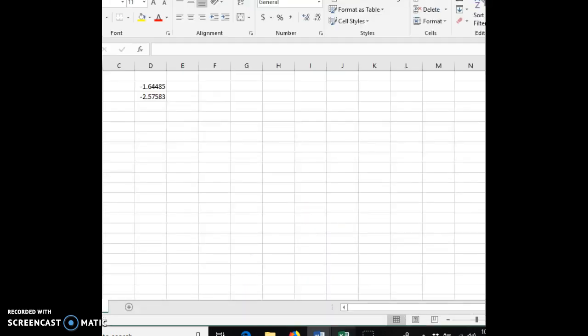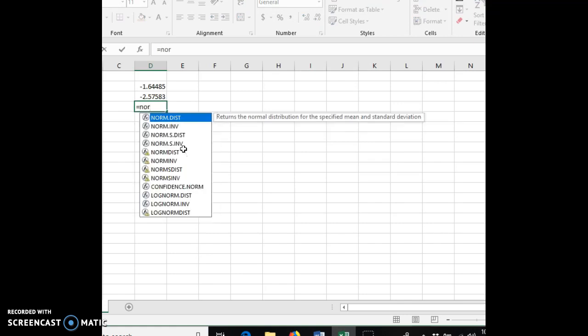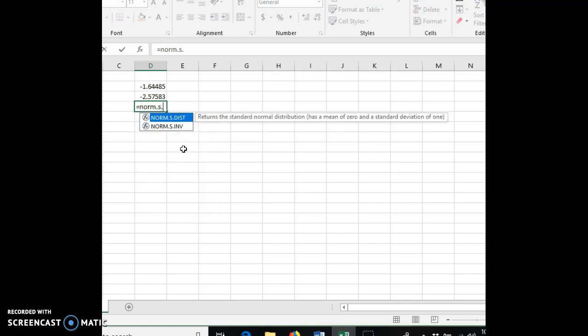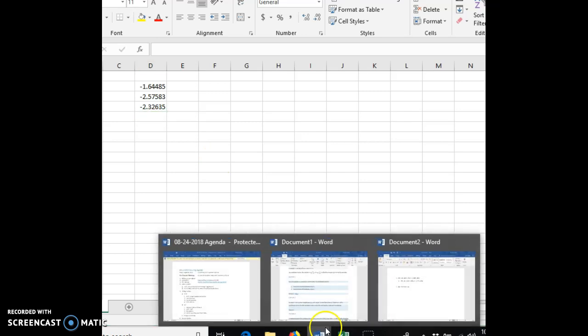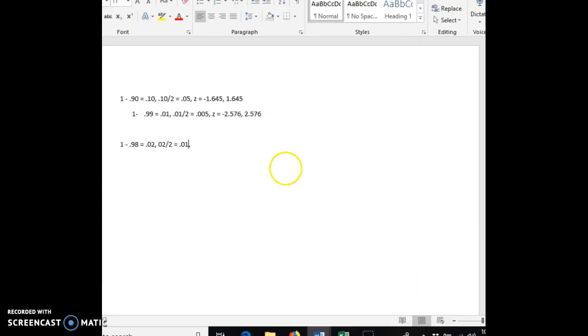Let's look that up by using the command equal norm.s.inv 0.01. And we get negative 2.326. And of course, the positive will also be our z value.